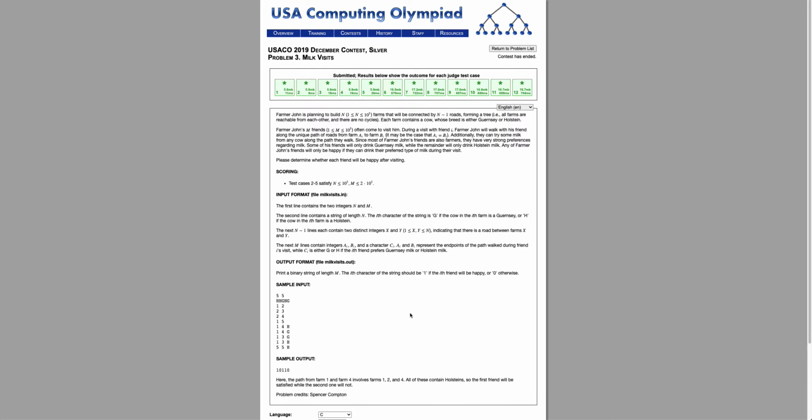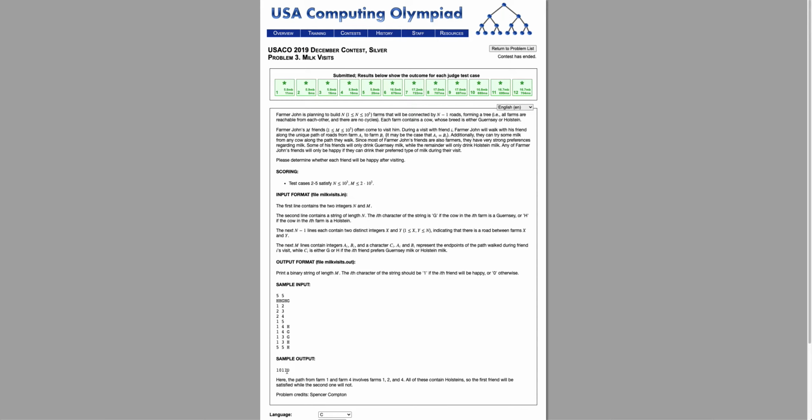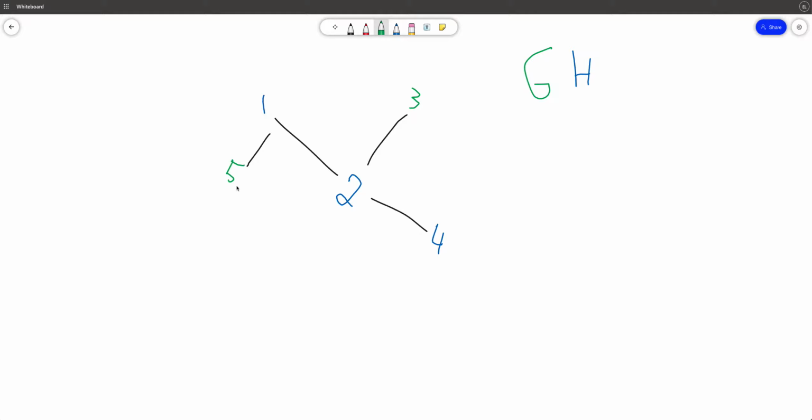The other one is 1 to 3, so the path would be 1 to 2 and then 2 to 3. In this case, we visit both G and H, so both of these would be yes. Then can we go from 5 to 5 with an H? The answer is no, because 5 is a G.